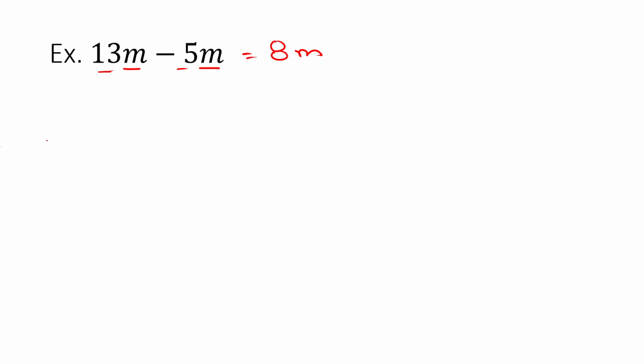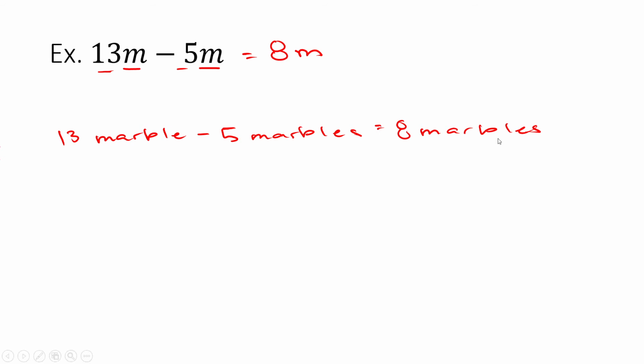Again, think of this as 13 marbles, and you gave 5 marbles away. How many marbles do you have left? You have 8 marbles. That's one way to imagine adding or subtracting like terms.